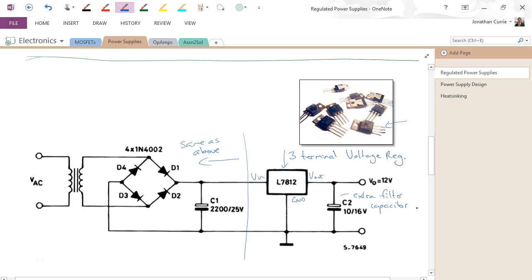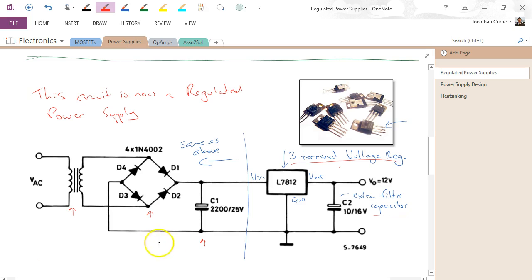Now, by doing this, this circuit is now a regulated power supply. So we've taken the same front end effectively, right? We've still got our transformer, our bridge rectifier and our smoothing capacitor, but we've added onto it in series the 3-terminal voltage regulator and an extra filter capacitor.